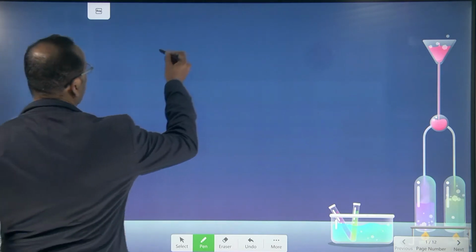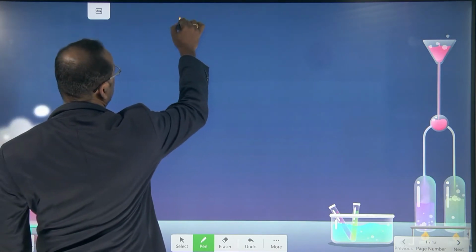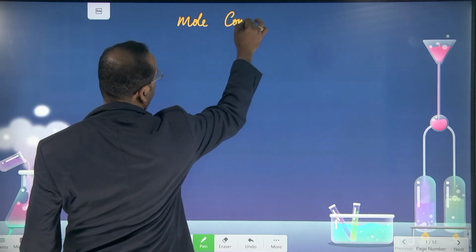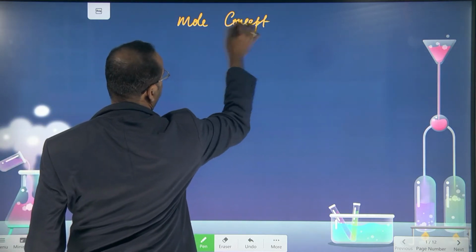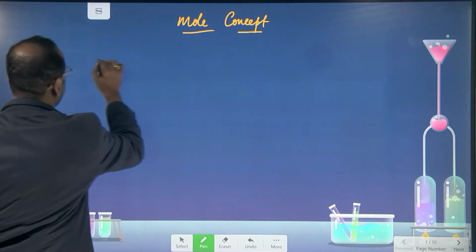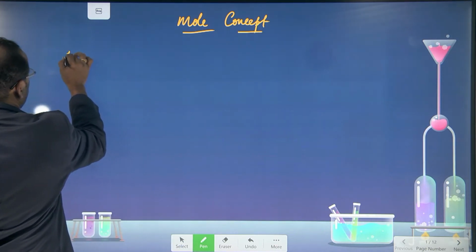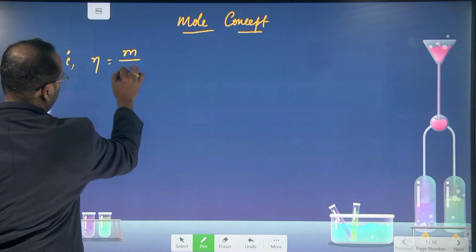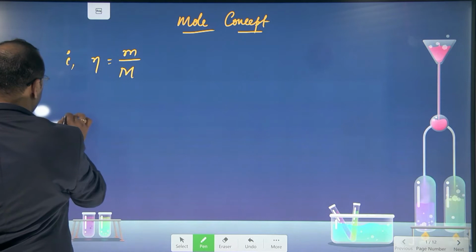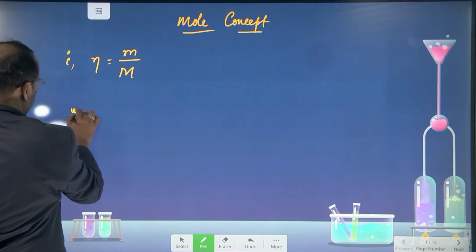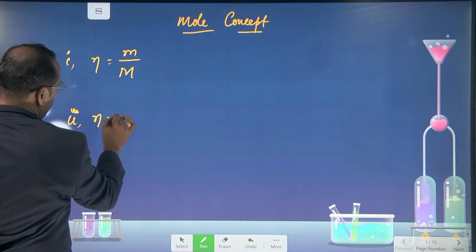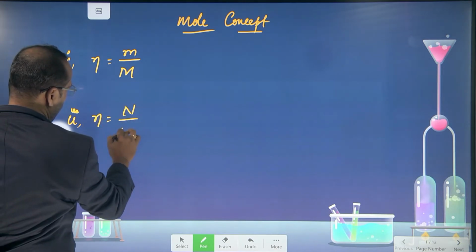Now yesterday I explained some three important formulas. What are those formulas? The first one is n is equal to m by capital M. Second one, n is equal to capital N by N naught.